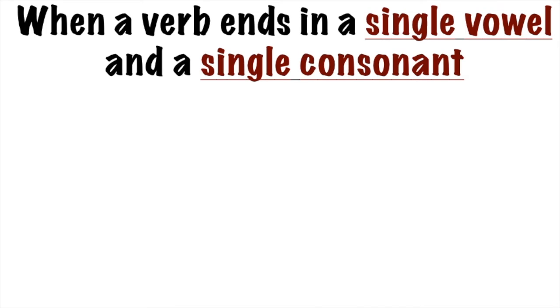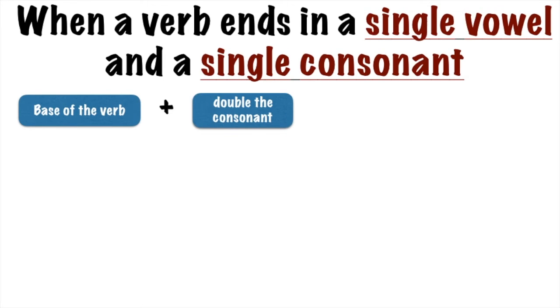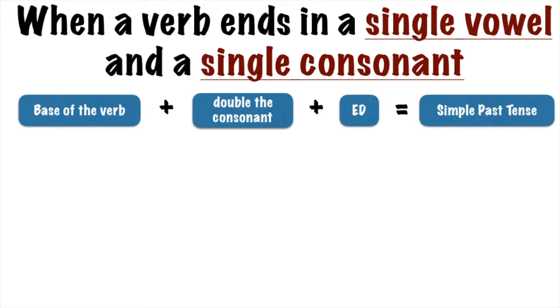When a verb ends in a single vowel and a single consonant, then we have the base of the verb plus we double the consonant. So if a verb ends in a vowel and a G, then we double the G. We add another G, and then we add ED, which gives us the simple past tense.